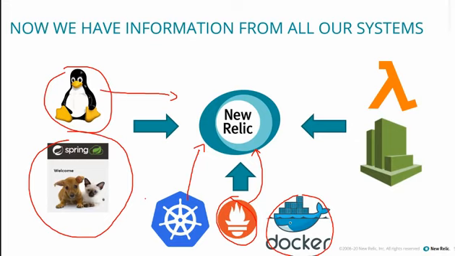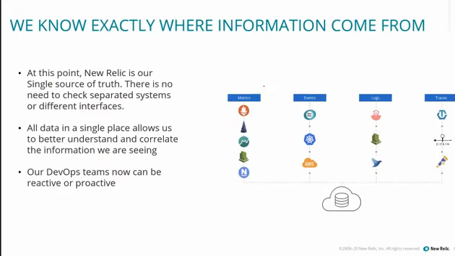One thing, I don't know if you did or not, the Amazon redirection, okay, and this is optional, but we'll have information from our Amazon accounts as well on the New Relic account, okay, if you did the redirection. So we have a lot of data to use, right? And at this point, like the slide says, New Relic is our single source of truth.